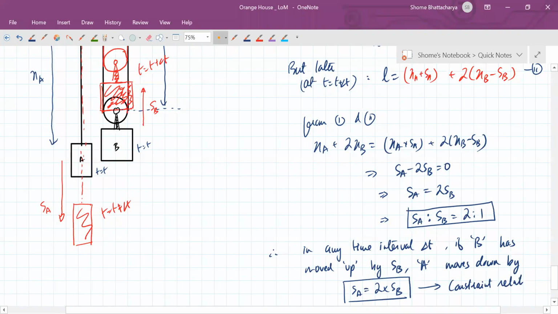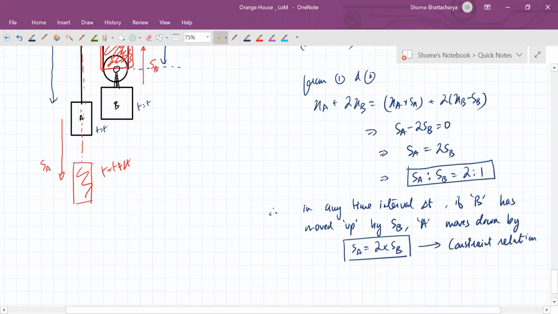So constraint का मतलब क्या होता है? It is some boundation, or it is some rule, a fixed rule that the system has to follow. So this constraint is coming from the fact that it is because L, the total length of thread, must be conserved.